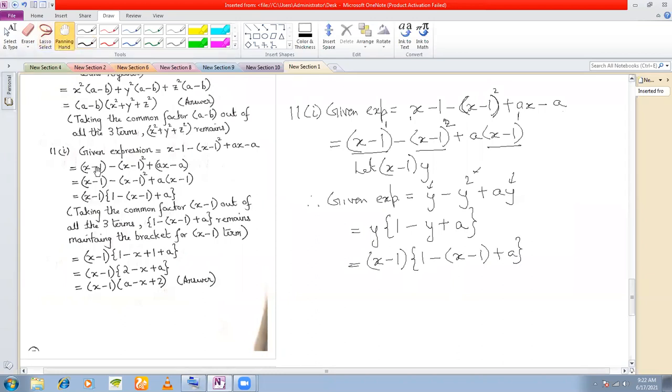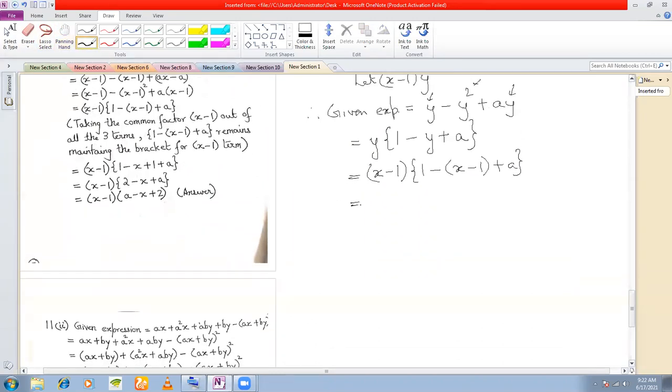Now you open the brackets within the curly brackets. 1 minus, because you're opening this bracket here, the sign inside the bracket will change. 1 minus x plus 1 plus a. So you're getting x minus 1. 1 plus 1 will add up to 2. You will have an a and you'll have minus x. So these two are the factors. Okay. I hope all this is clear.